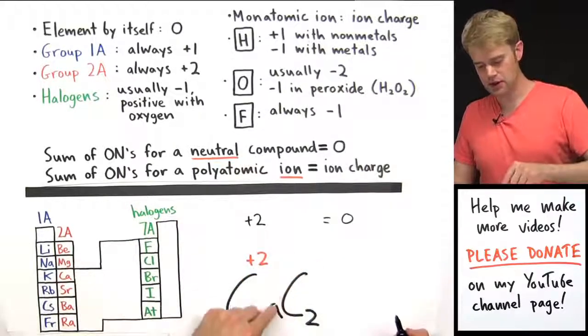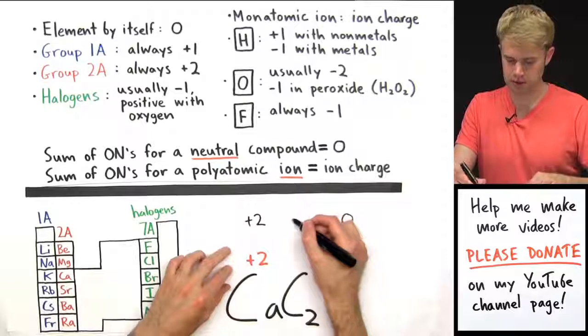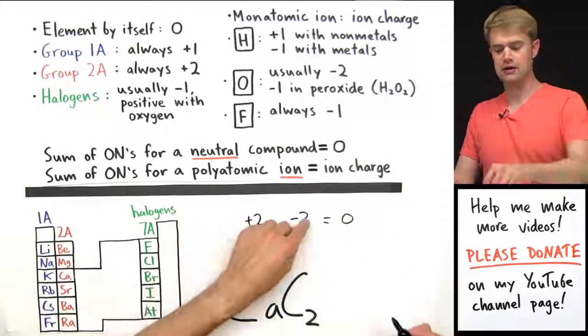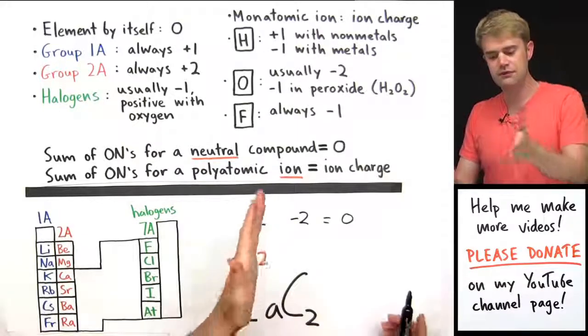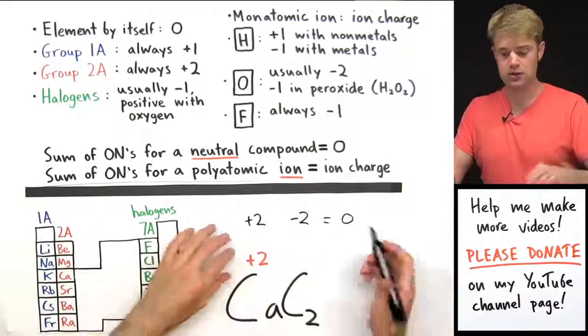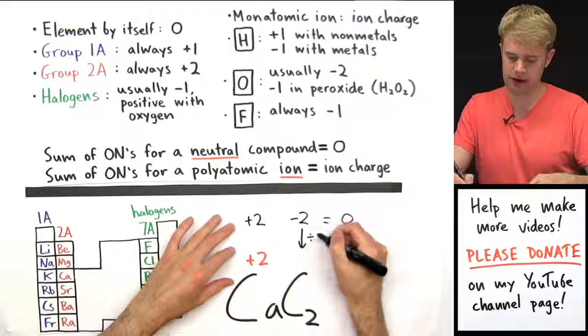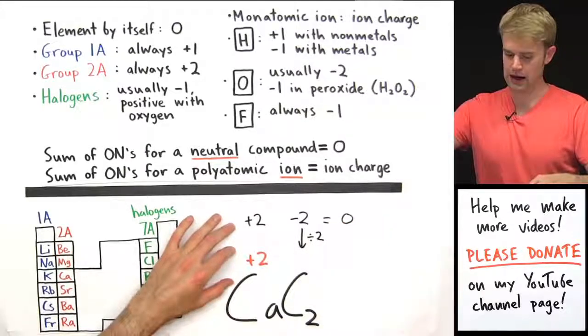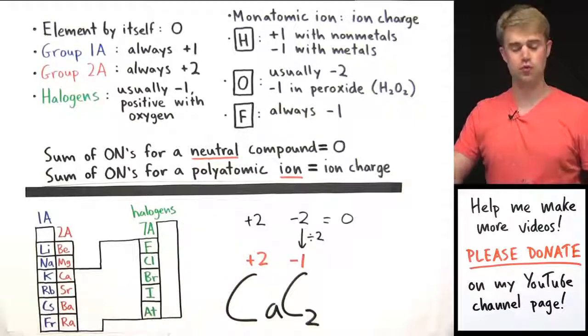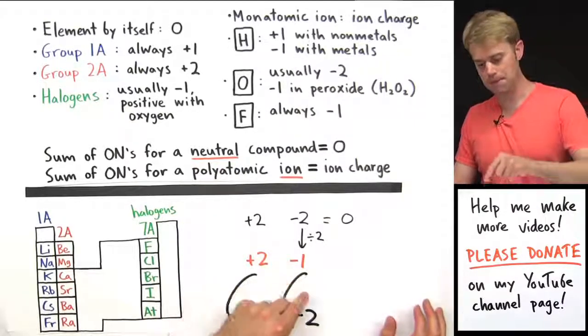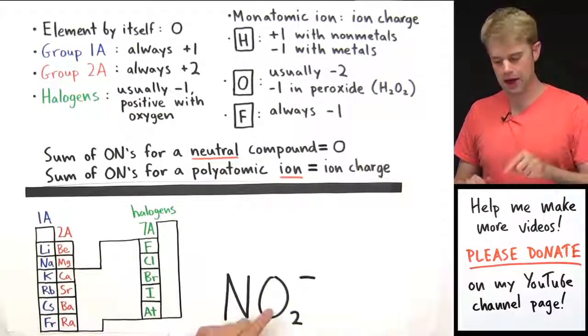That means that the total number on carbon is going to be -2. But there are 2 carbons here, so we have to divide this number between the 2 of them. So we're going to take this and divide it by 2 to get an oxidation number of -1 for each one, +2 for calcium, -1 for carbon.